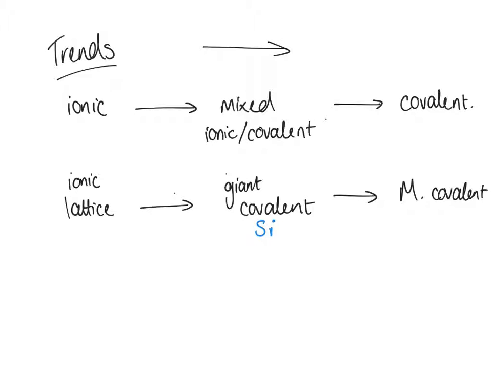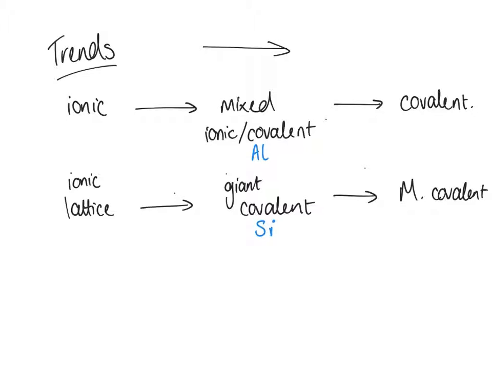Which element's that with? Aluminium. Brilliant. Okay, so that's your crossover point, and once you get past aluminium, you go to covalent bonding. Once you get past silicon, you go into molecular covalent bonding. And then finally, in terms of your acidity and basicity, left-hand side, what's the nature of your oxides?